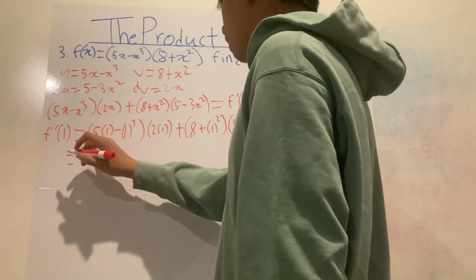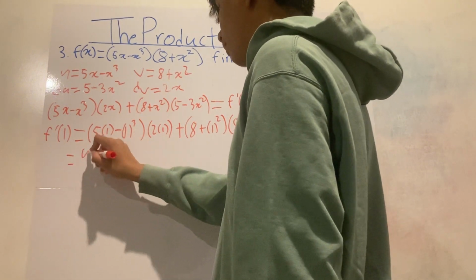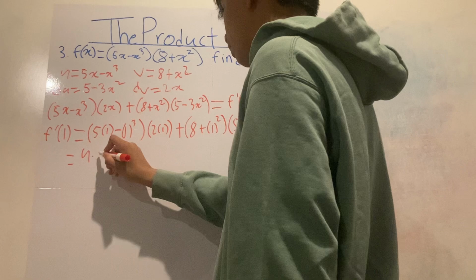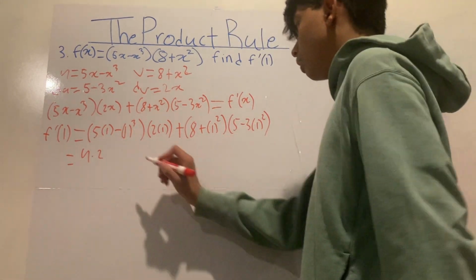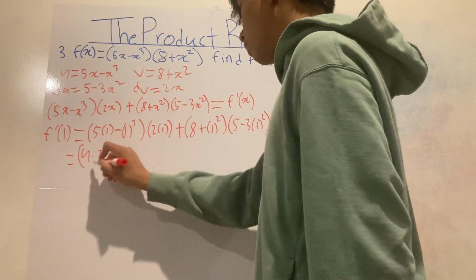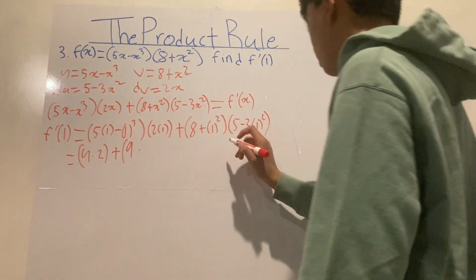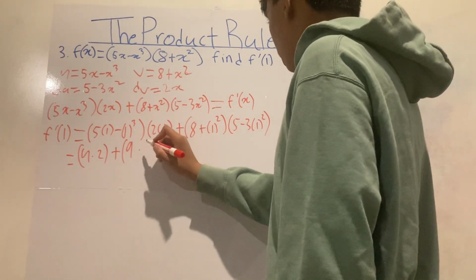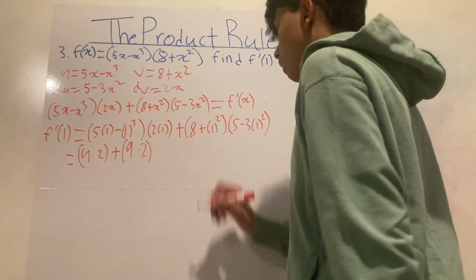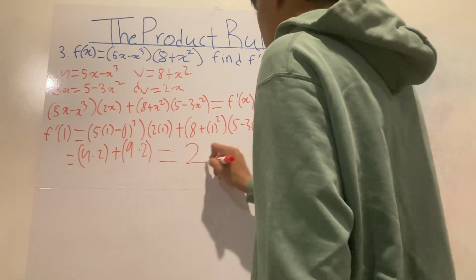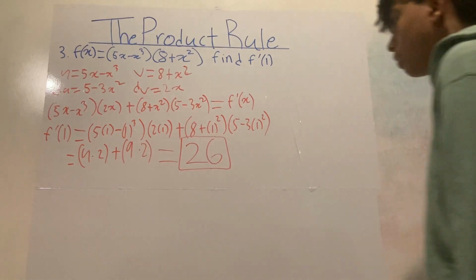So we have 5 times 1, which is 5, minus 1 is 4. 4 times 2, and then we have 8 plus 1 is 9. And then 9 times 5 minus 3 is 2. So we have 8 plus 18. And this is just going to equal 26. So f prime of 1 is equal to 26.